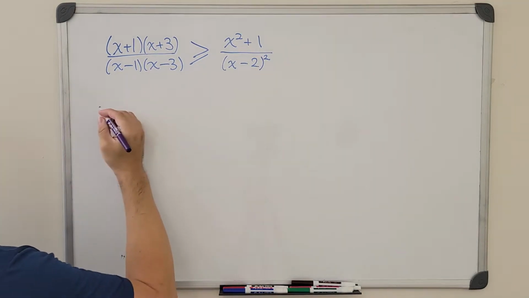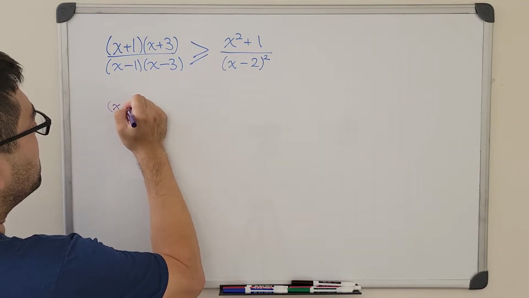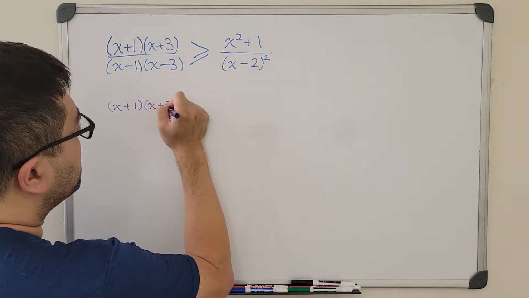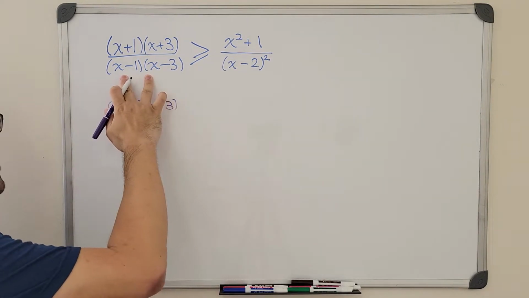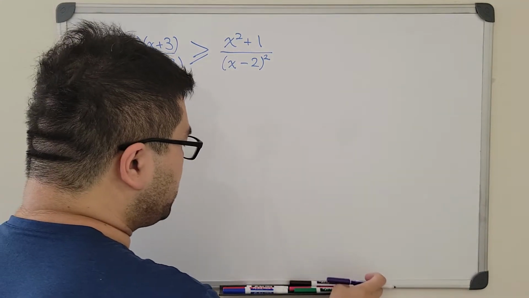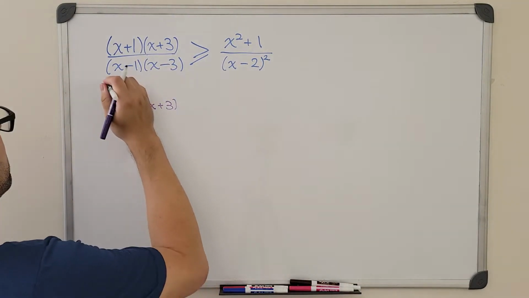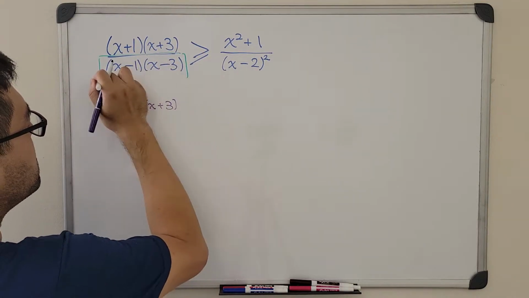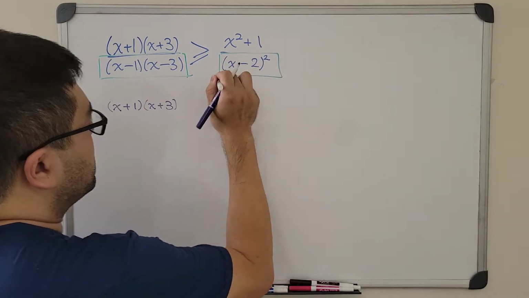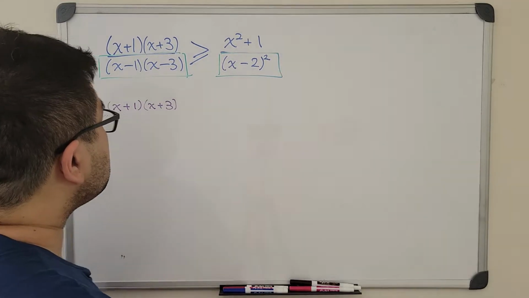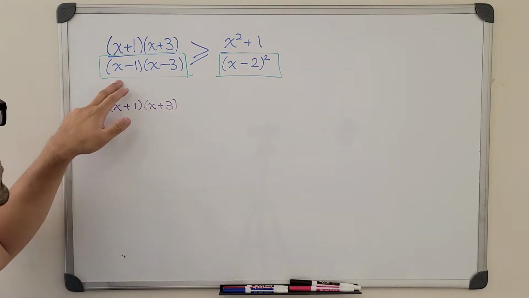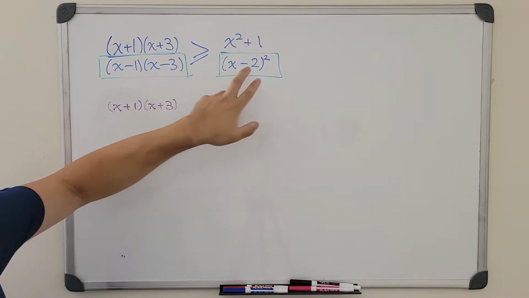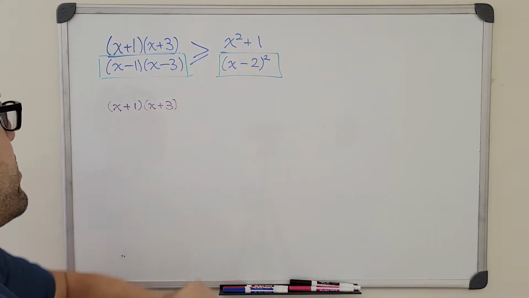So if we follow that instruction, we are going to find the common denominator. In other words, find the least common multiple of the denominator parts, which are in the green boxes. What do we have here? We have (x minus 1)(x minus 3). On the other side, we have (x minus 2) squared.